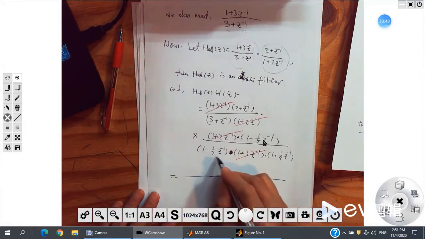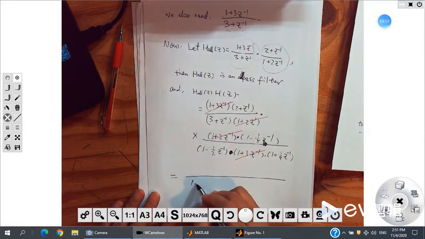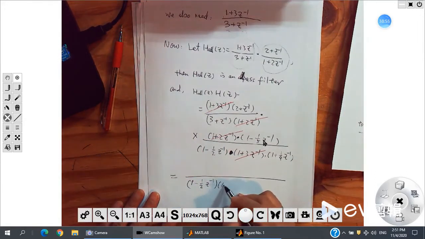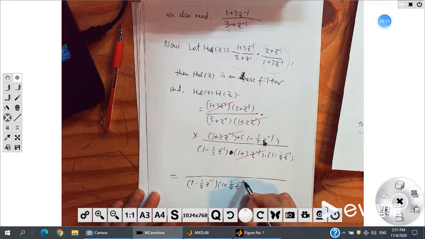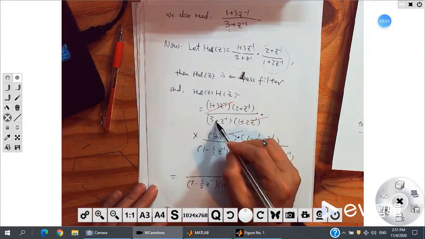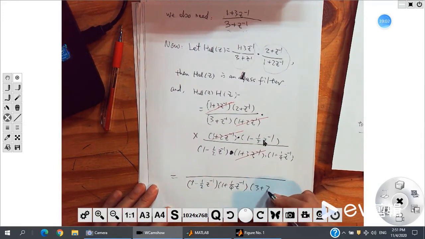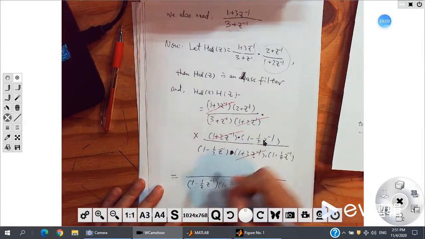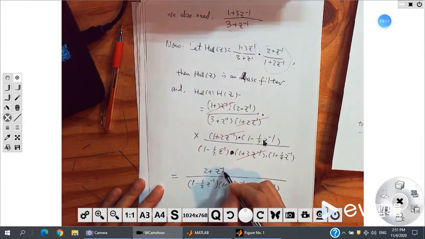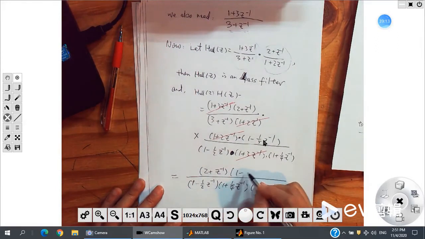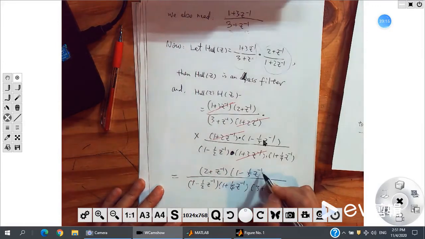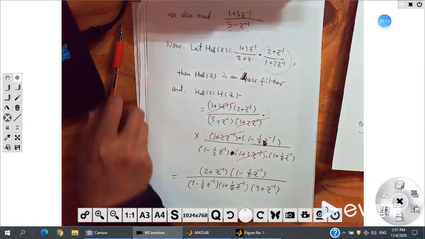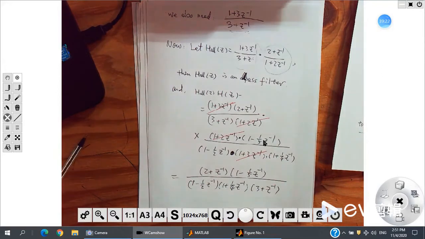In the denominator I have 3 terms: 1 minus half z to the -1 times 1 plus 1/4 z to the -1, and 3 plus z to the -1. And the numerator is 2 plus z to the -1 times 1 minus 1/5 z to the -1. Alright, is this a minimal phase system?